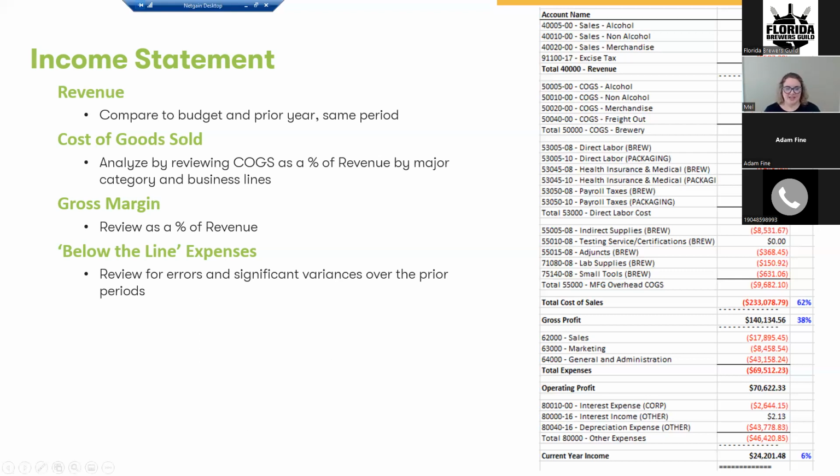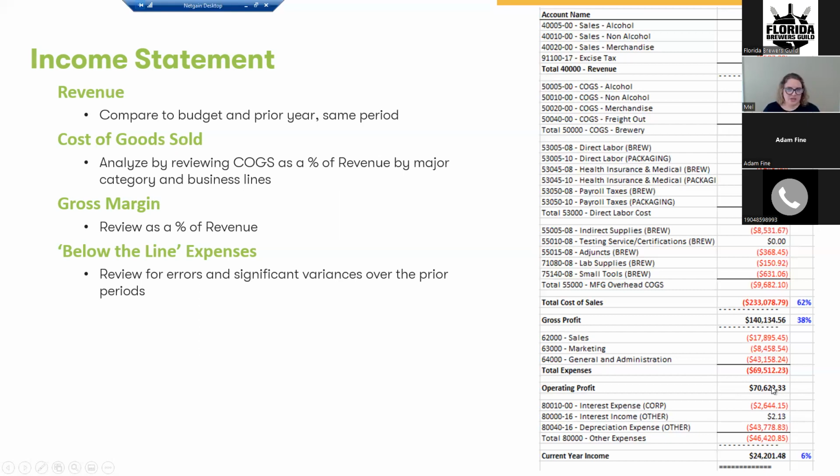And then you get to the bottom of your P&L and you get to your current year net income. And you'll also have your other items, which is like below the line. But in your other items, you'll have interest expense, interest income, depreciation. So typically when you hear people refer to EBITDA, earnings before interest, taxes, depreciation, amortization, they're talking about operating profit.